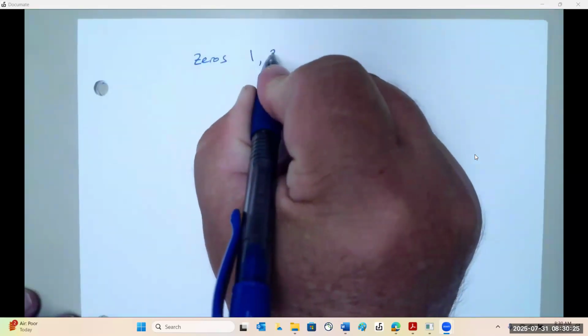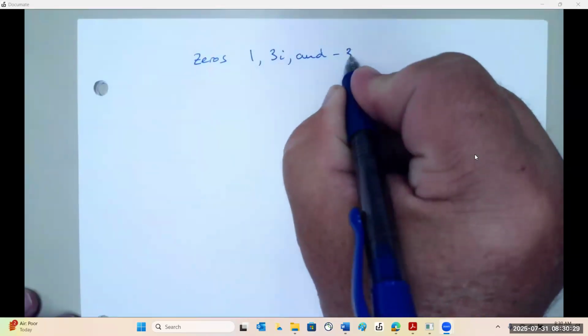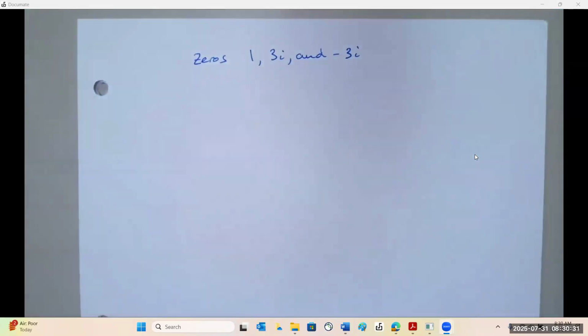Also, did you notice in the last one, our zeros were at 1, 3i, and -3i. What is noticeable about that, that we talked about last week about complex numbers?